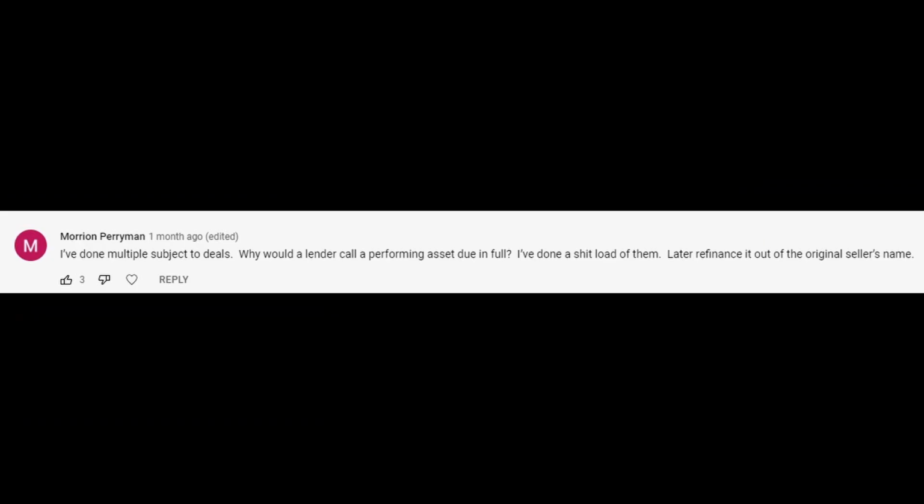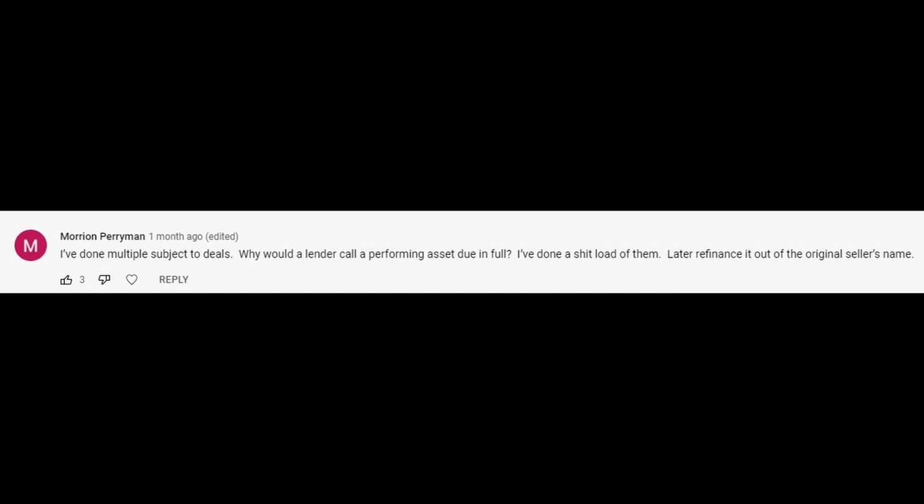If the new buyer does not pay off the mortgage, the lender can begin foreclosure proceedings and take back the property from the buyer. So why would a lender ever accelerate a loan? As I've said, it's for the exact same reason that they came up with a due on sale clause in the first place.